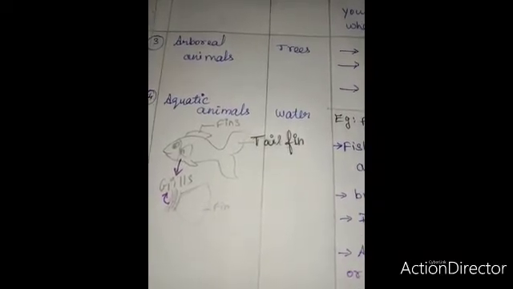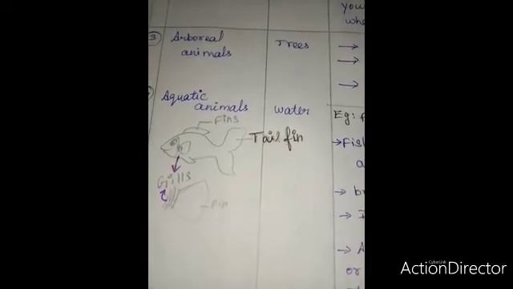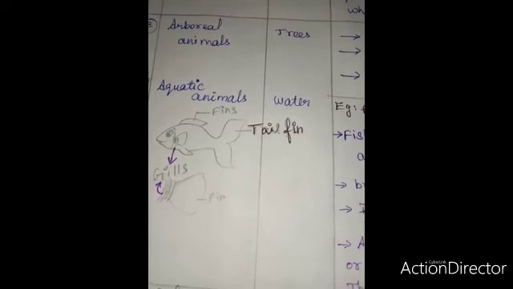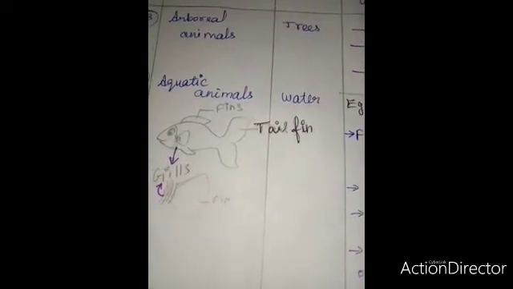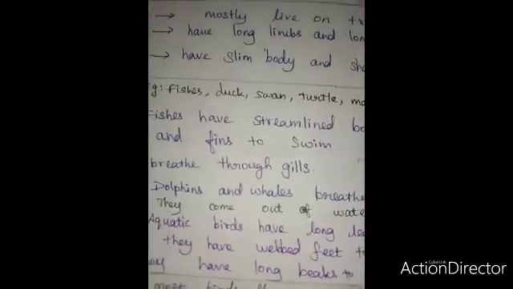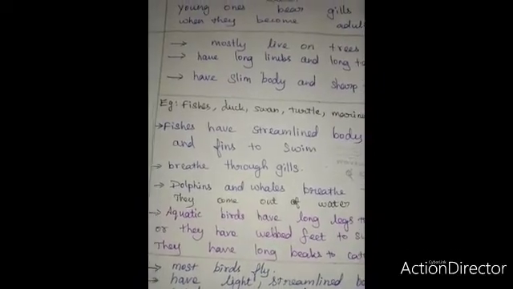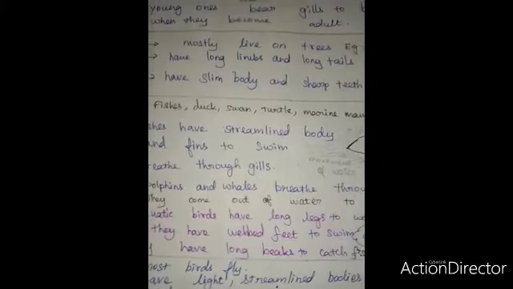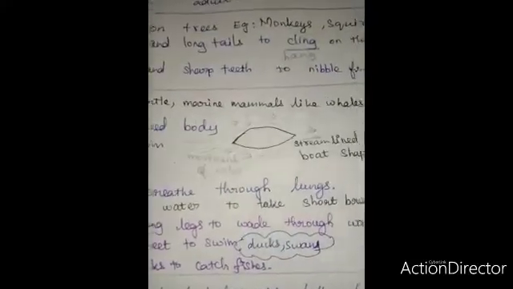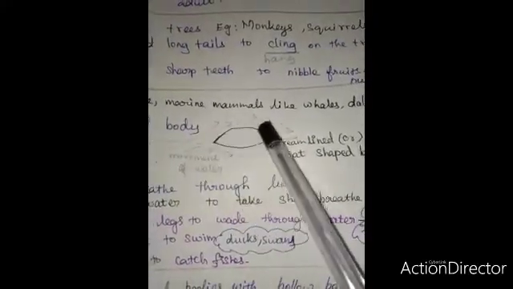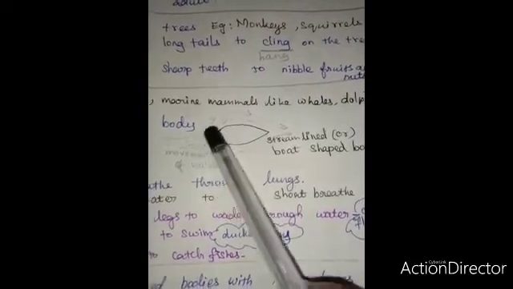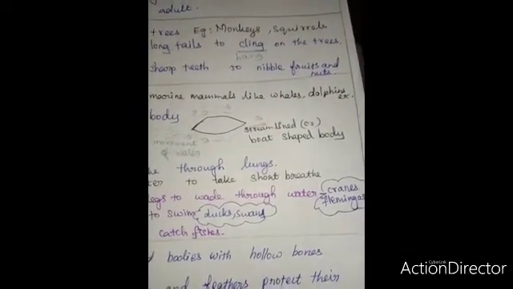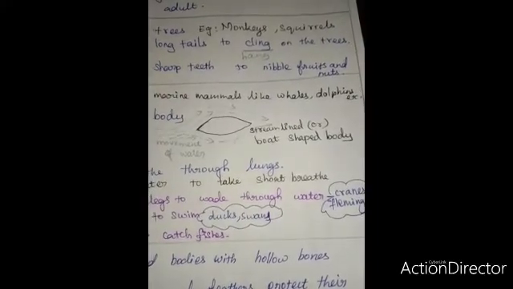Example: fishes, marine mammals like whales and dolphins, turtles, aquatic birds like ducks and swans. Fishes. Fishes have streamlined body and fins to swim across the water waves. Streamlined body means boat-shaped body like this. This helps the fishes to move easily in the water.